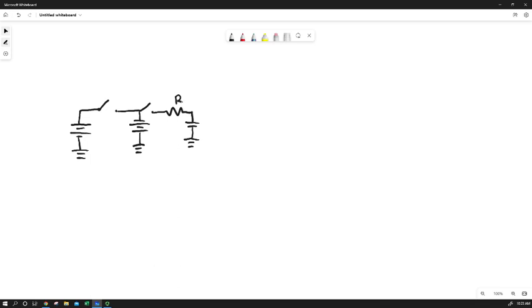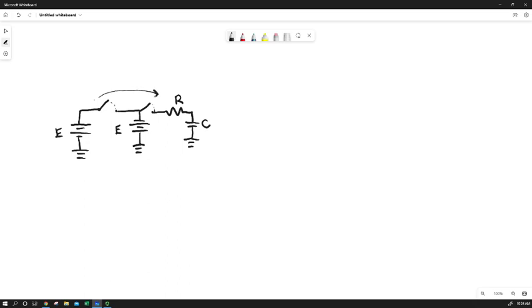So we have a resistor with value R, we have a capacitor with value C, and we have two voltage sources and they are equal. Depending on which way we have the switches, open or closed, we can flow a current in either direction.